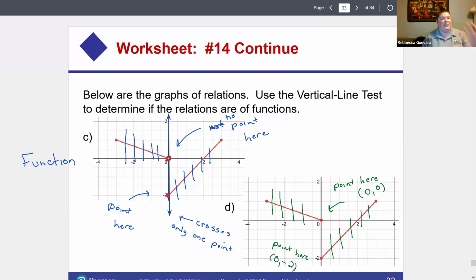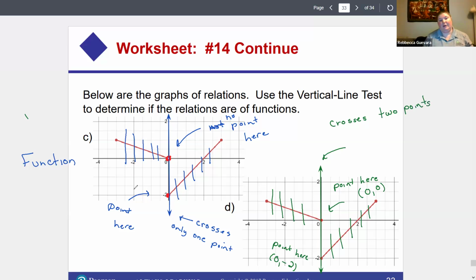So automatically we're seeing a problem here because we have one x value, but we're getting 2 different y values. If I pass through here, I pass this point and I pass this point, I pass through 2 points. So this crosses 2 points.